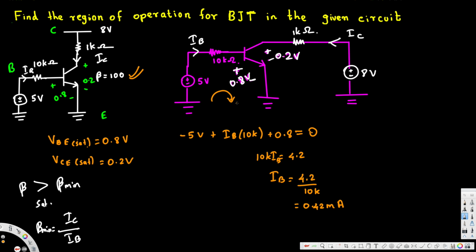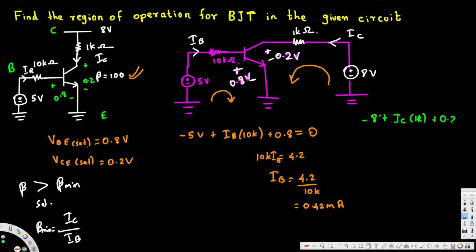The next thing is we have to find out IC. To find out IC, again I'm going to apply KVL in this one. Let's use a different color to solve this. If I apply KVL for this one, here we are going to have negative 8 voltage plus IC times 1k. Then after that it's going through this 0.2.